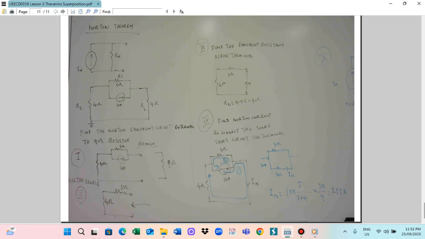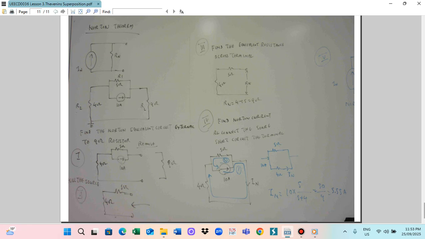The two parts: part 1, the 10 ampere flows passing through the IN, passing through the 4 ohm. Part 2, they flow to the 5 ohm. So this means the 10 ampere current meets two resistors, one is the 5 ohm, another is the 4 ohm.